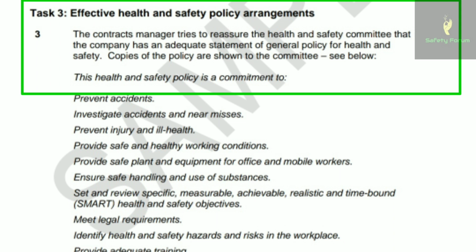There is nothing against this policy. The company, the contract manager, the operation manager, or the management is not doing anything. Investigate accidents and near misses: you have to mention there are no investigations of accidents done by anyone here. No one is reporting these accidents.